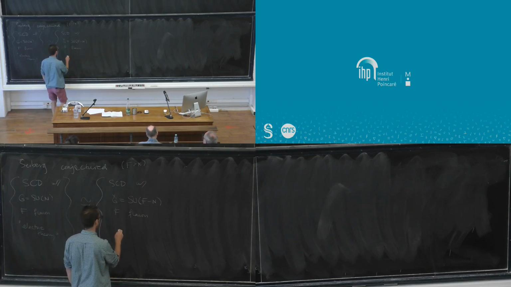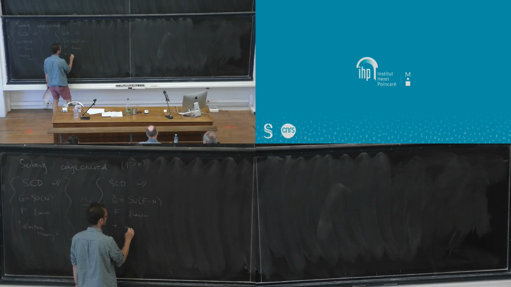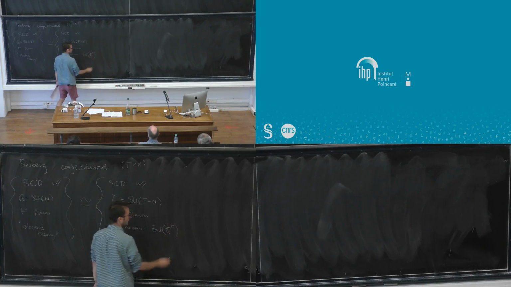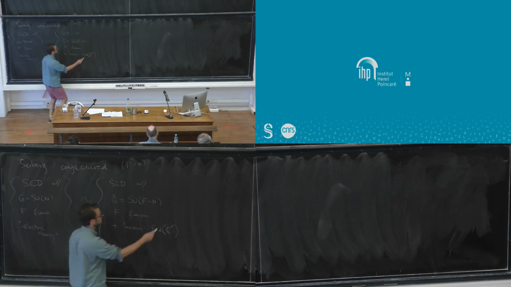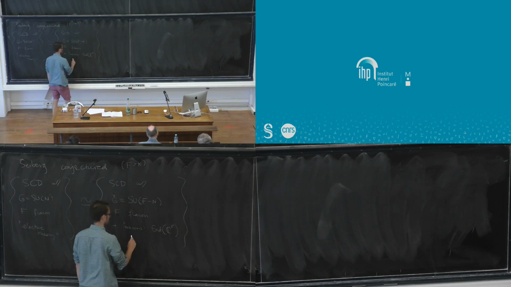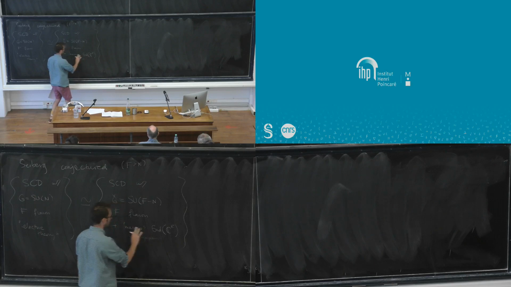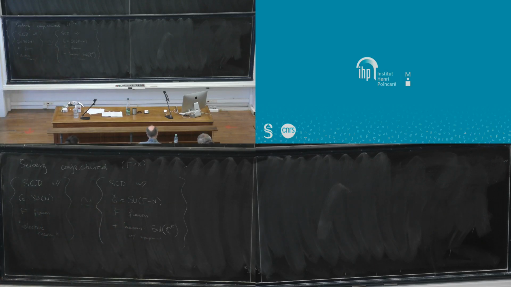But then he adds in some extra matter, which he calls mesons, corresponding to the representation End of C^F, with a superpotential. Anyway, I just want to point out this is kind of a crazy thing.